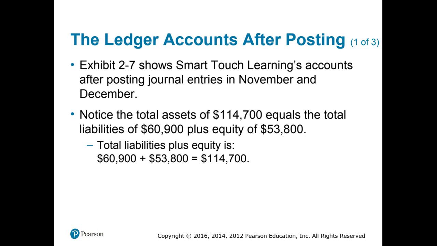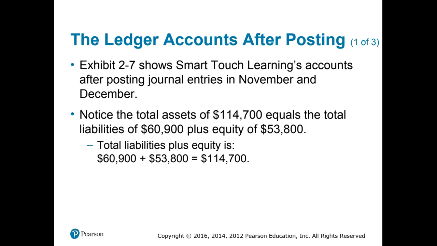Now the ledger accounts after posting. Exhibit 2.7, where it's showing everything on page 76, shows all the accounts after posting the journal entries in November and December. We're going to notice that the total assets of $114,700 equal the total liabilities of $60,900 plus equity of $53,800.